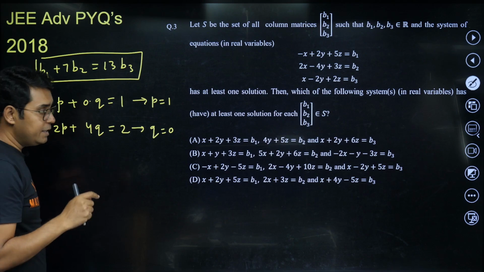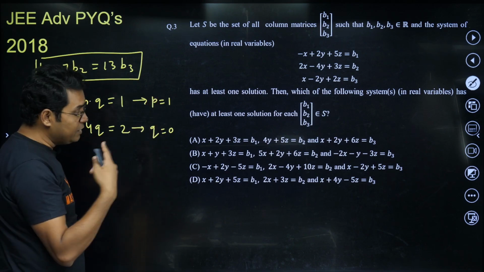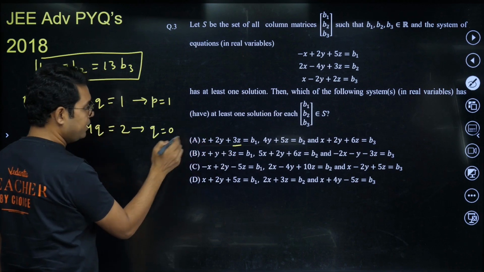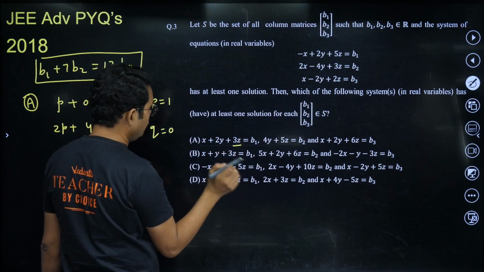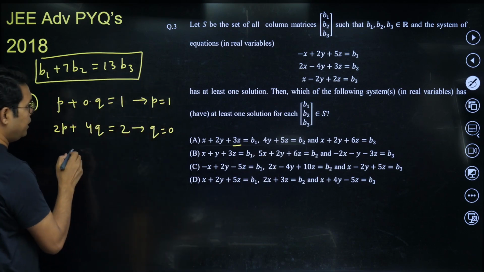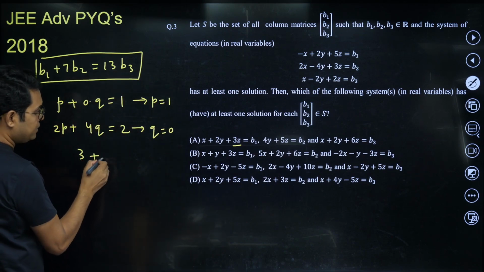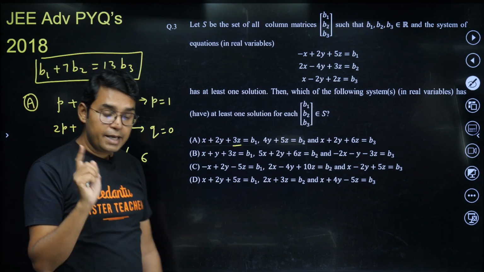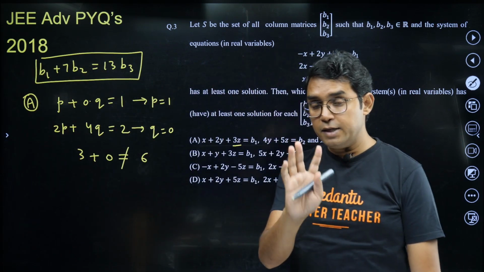Now let us see whether this is satisfying the Z also or not. So P into 3, that is 3, and 0 into 5, so 0 should be equal to 3, but it is given here as 6. You can see 1 into 3 plus 0 is equal to 6 is not true. That means that's a case of unique solution.